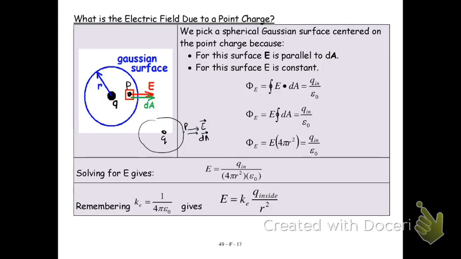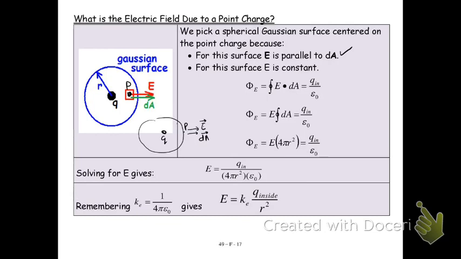And I can say, well, we picked a spherical Gaussian surface centered on a point of charge because for every little point on this surface, the electric field is parallel to the area vector.